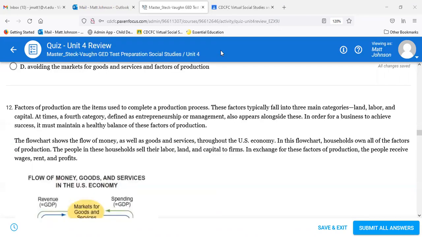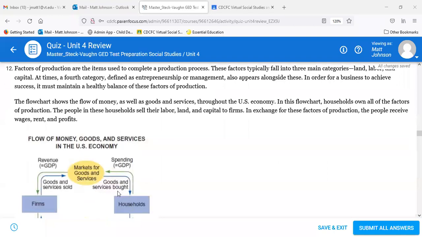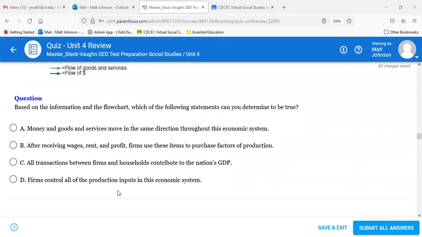And let's see here. Let's go to Grace. How about 12 for us? Okay. Based on the information in the flow chart, which of the following statements can be determined to be true?